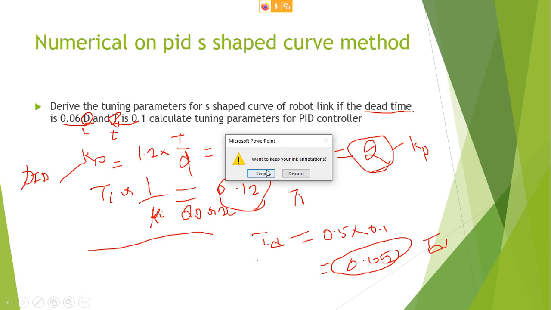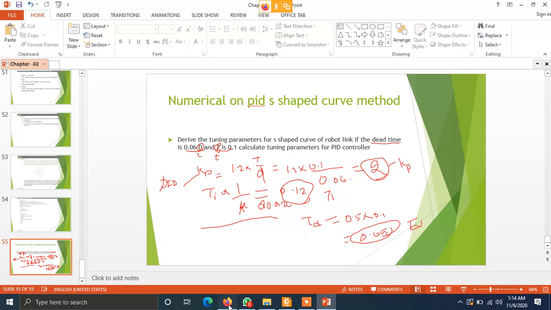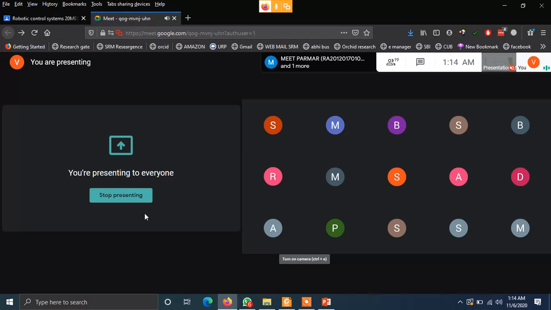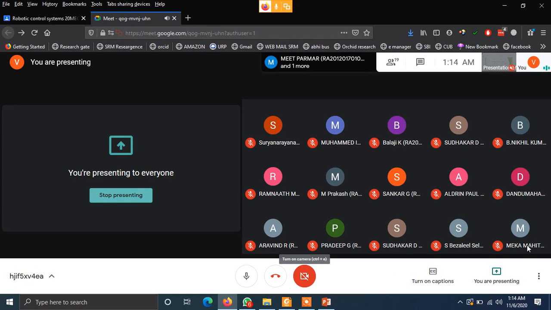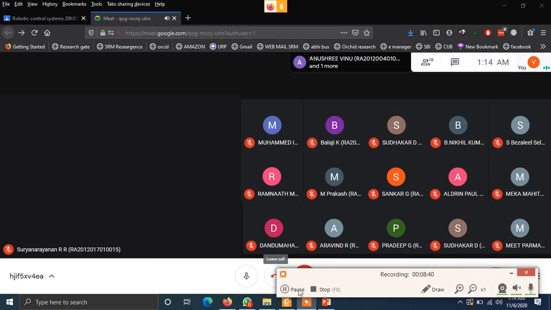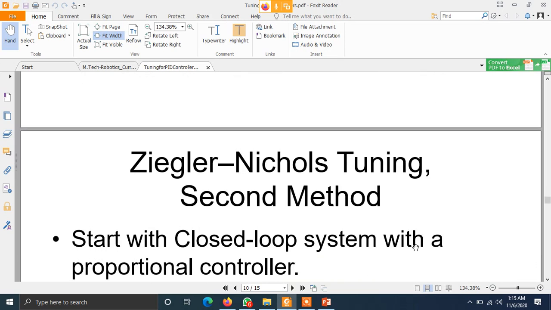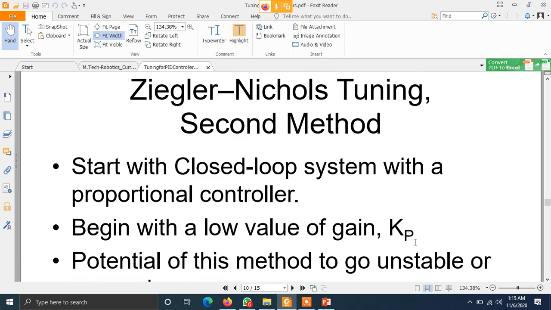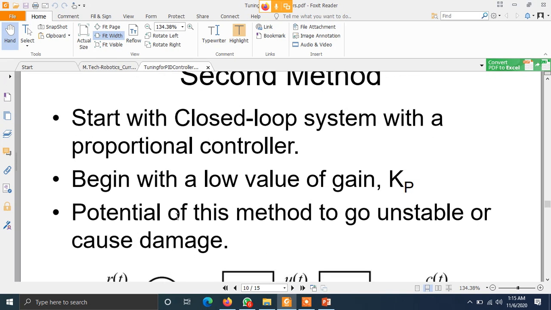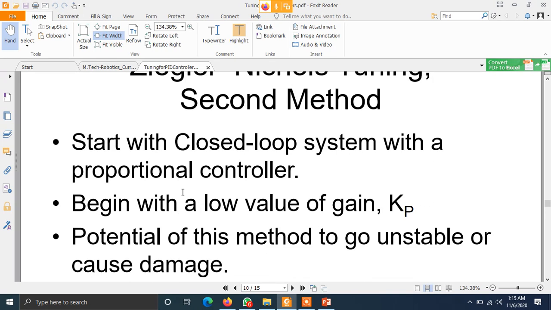Okay, let us move on to the next method, which is the next version of the Ziegler-Nichols method. We call it the sustained oscillations method. Is it audible to you? In this second method, we start with a proportional controller with the lowest possible value of Kp.